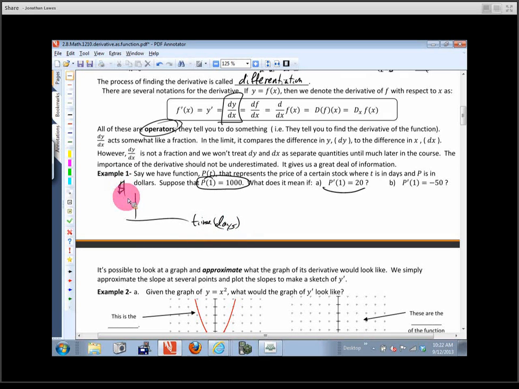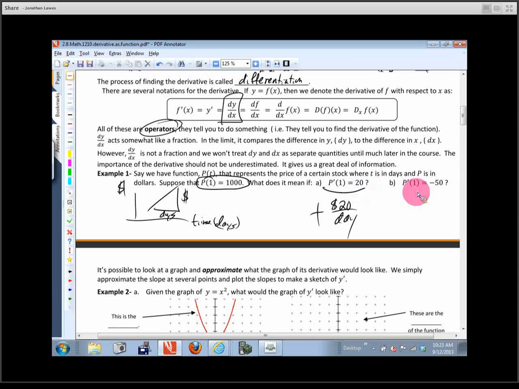So if I were computing slope, this would be dollars, and this would be days. So this right here represents $20 per day, and it's positive. If you own that stock, that's a good thing. It's worth $1,000, pre-calculus piece of information. Its rate of change, its instantaneous rate of change on that day is it's going up $20 per day.